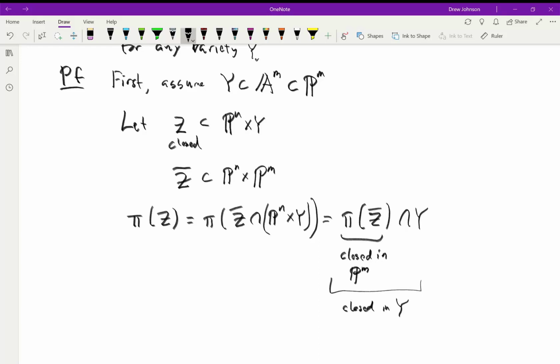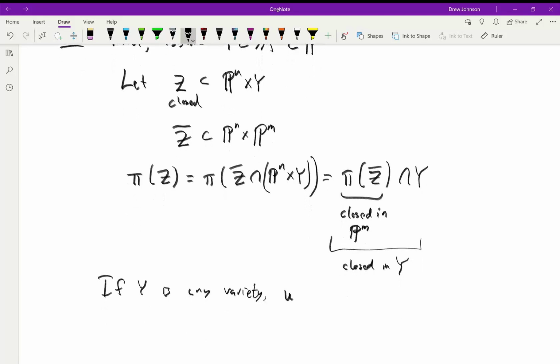All right, so now we should check what happens if Y is any variety. But this is not a problem, because checking whether something is closed is kind of a local condition. So we can just use an open cover by affine varieties.